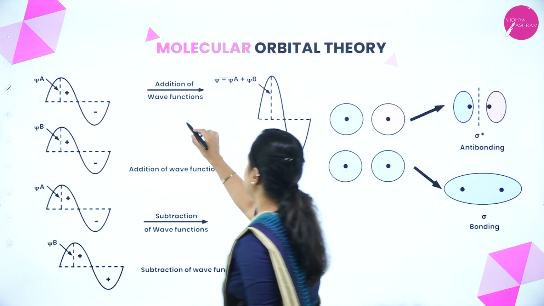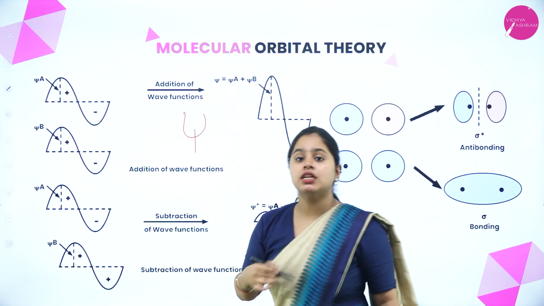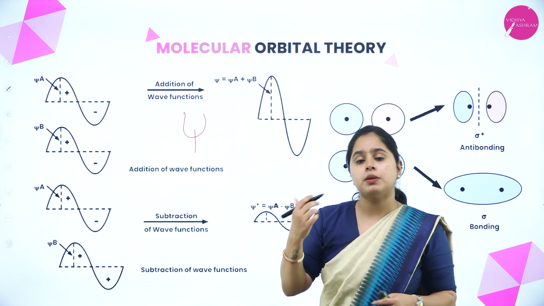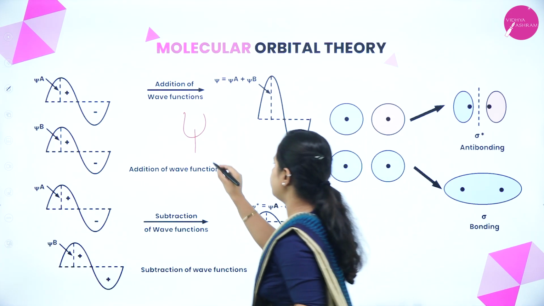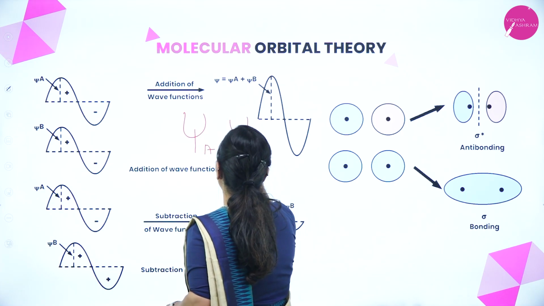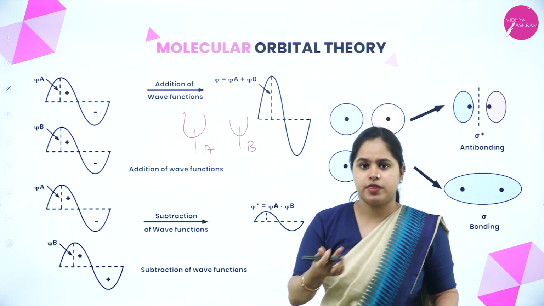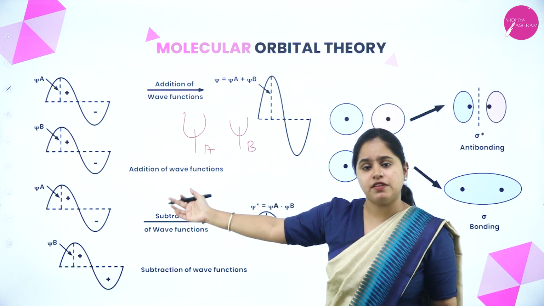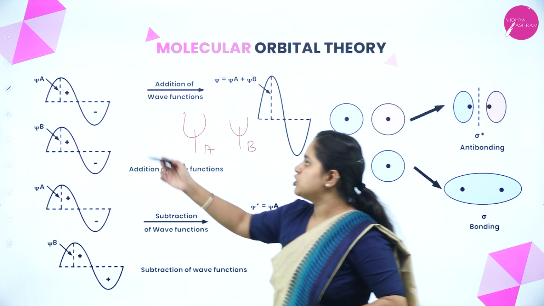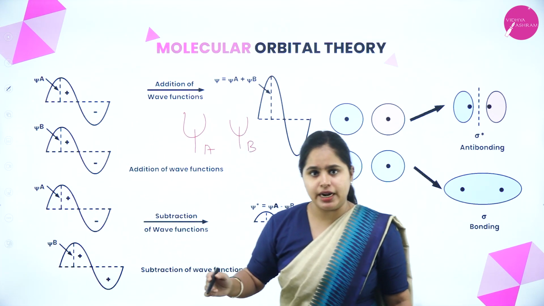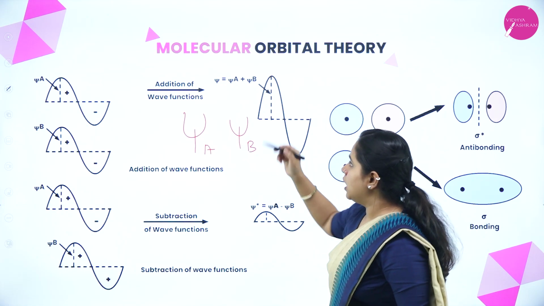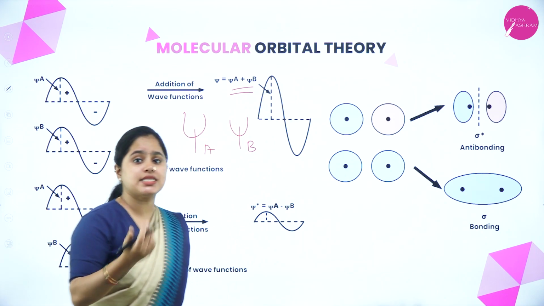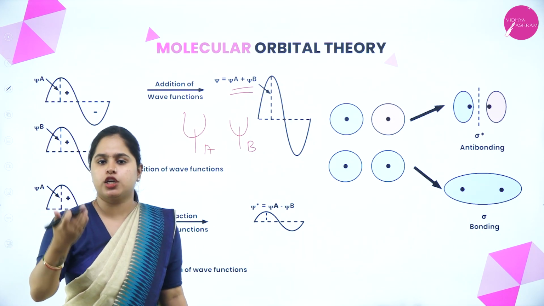We studied that the function psi is used to represent atomic orbitals, right? If I consider the two atomic orbitals of atom A and atom B as psi A and psi B, the waves are shown here, as you can see. When the two waves are added, the overall one is psi A plus psi B. This psi A plus psi B represents the bonding molecular orbital.